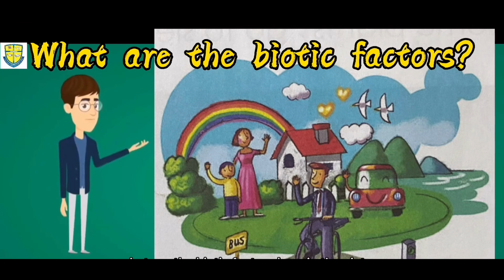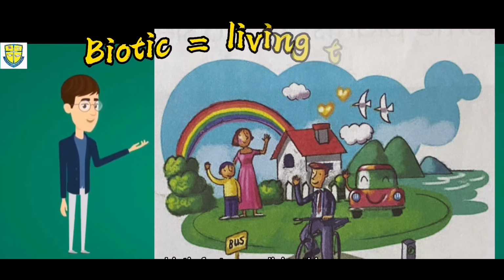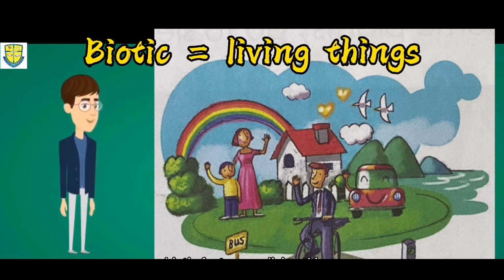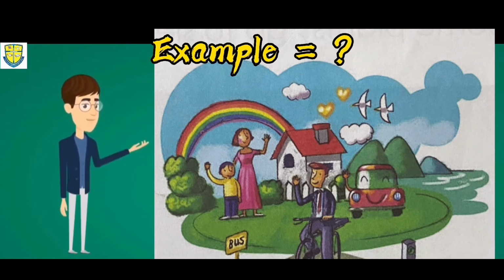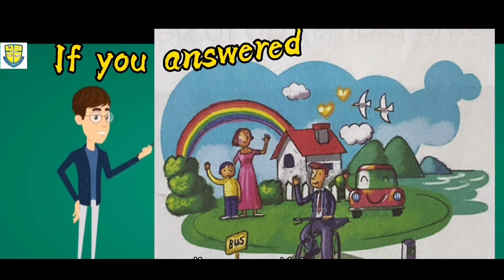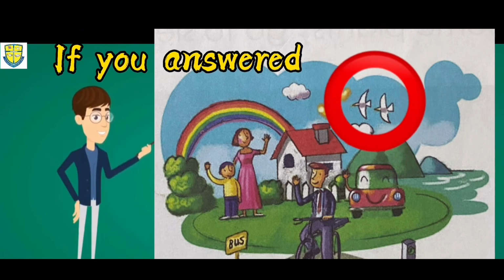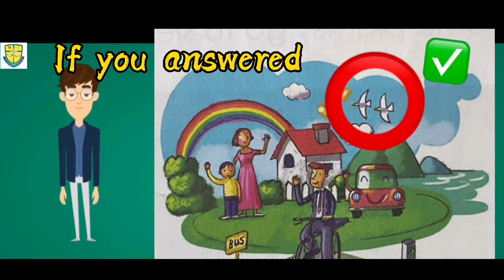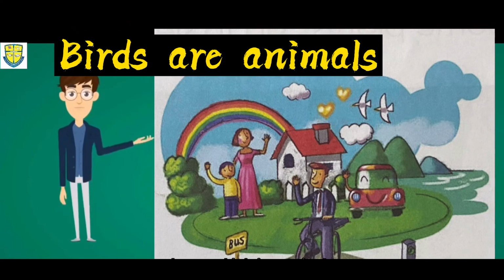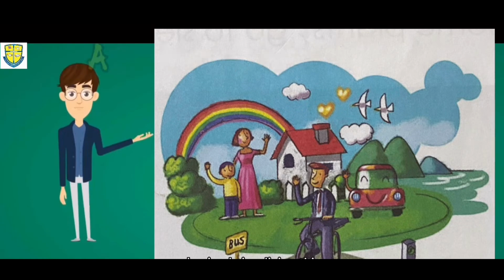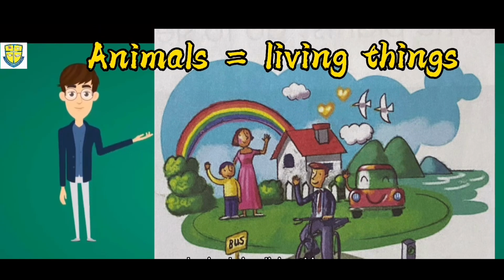What are the biotic factors here in the picture? Biotic factors are living things. If you answered birds, you are correct, because birds are animals and animals are living things.